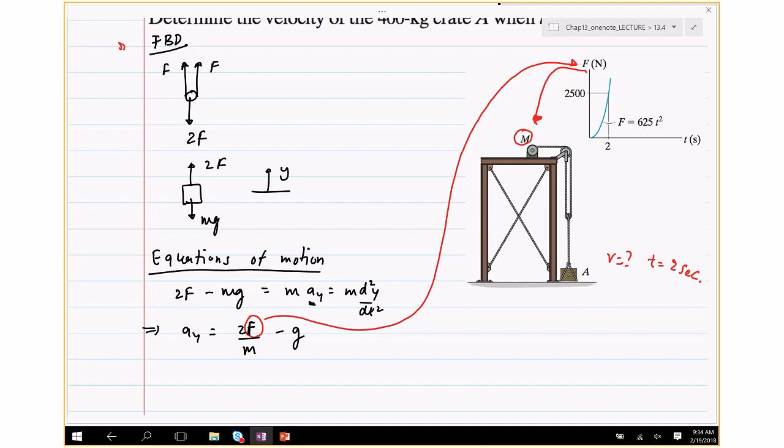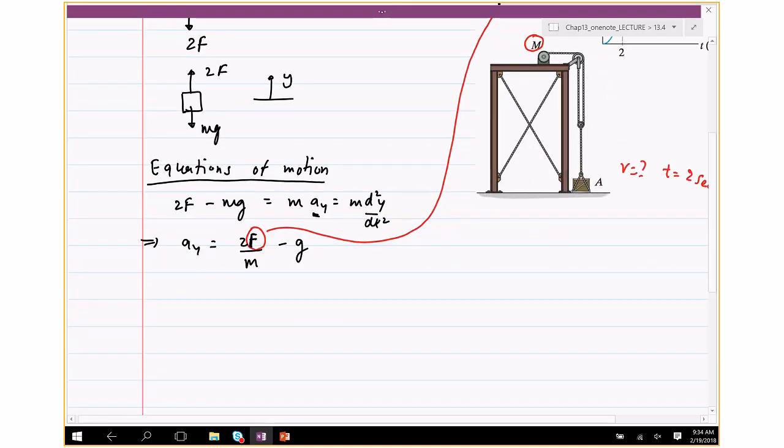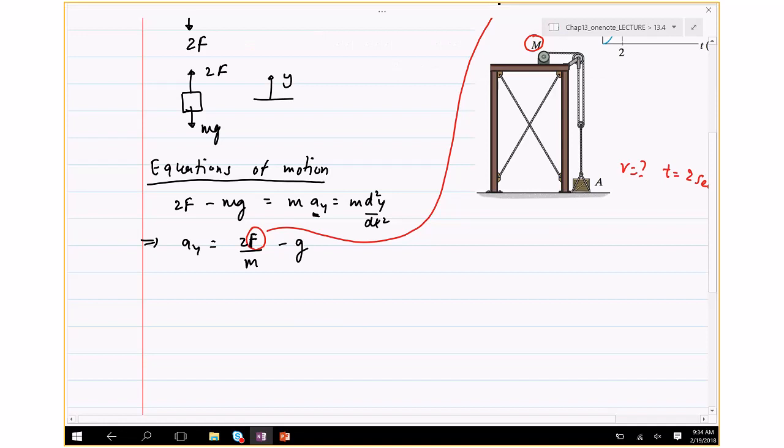So there will be a period of time where acceleration will be zero, and that will be until 2F equals mg. That's when the tension will be non-zero, and that's when the block A will start moving up. That's the key thing you've got to know; you can't just blindly plug in the formula for F and solve this.